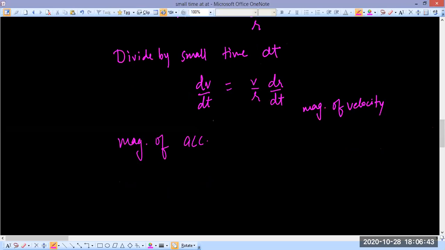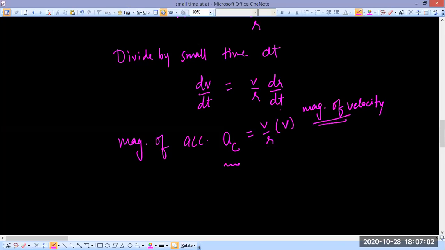Vedant, I have not understood what you haven't understood. So this is giving you AC magnitude only, not vector, which is equal to V by R, and magnitude of velocity means speed.